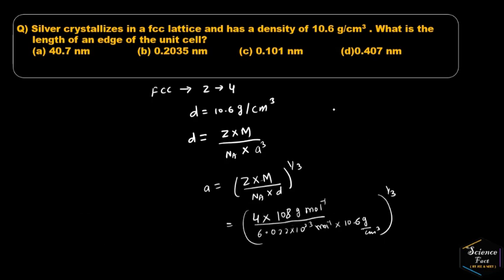When you solve this numerical value, you will get 6.767 into 10 raised to the power minus 23 centimeter cube, and whole power is equal to 1 by 3.